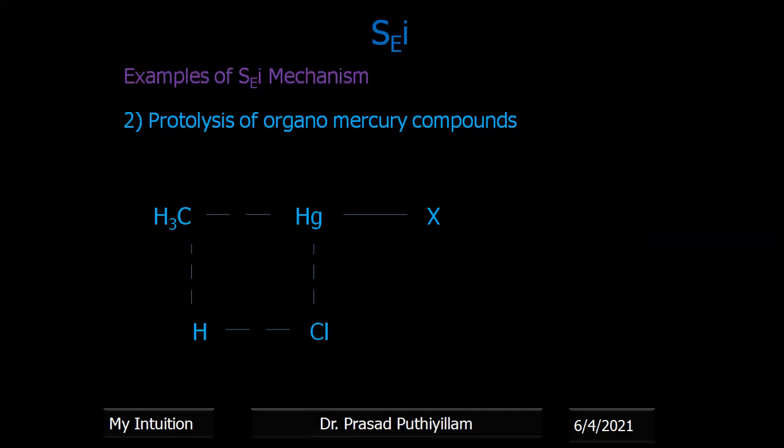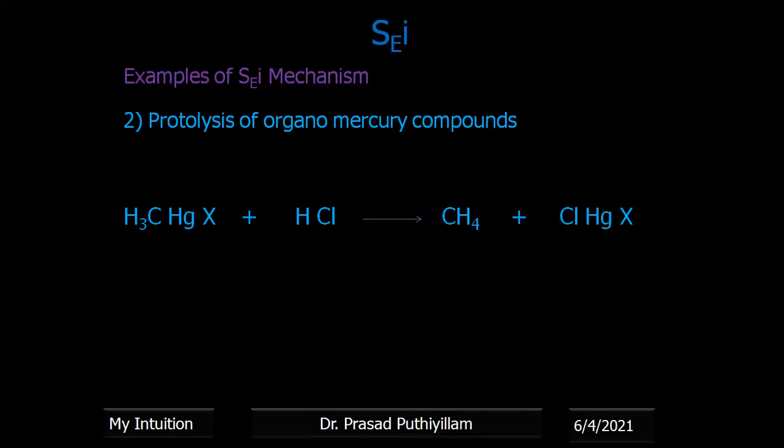In the transition state, the HCl bond breaks completely, the Cl electrons go to mercury, then the mercury-carbon bond breaks and forms a new bond with the hydrogen. So we get methane plus the mercury halide. So it will be CH3HgX plus HCl giving CH4 plus ClHgX, that is protonolysis of organo-mercury compounds.